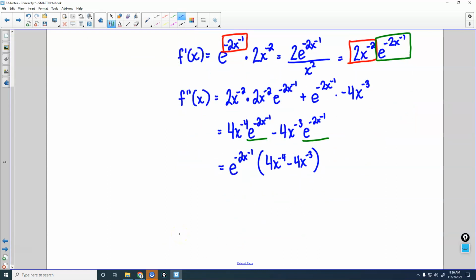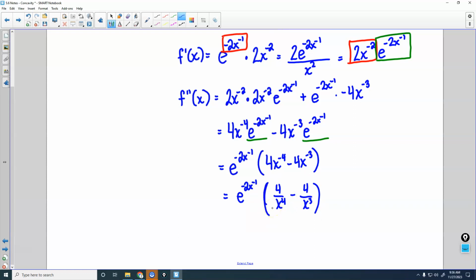I don't like all those negative exponents in it. Okay, we could move the negative exponents to the bottom. So I would have 4 over x^4 minus 4 over x^3.